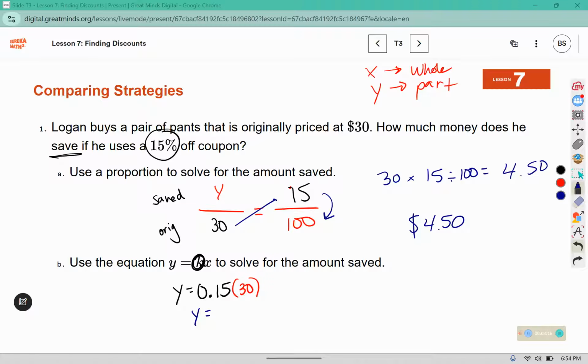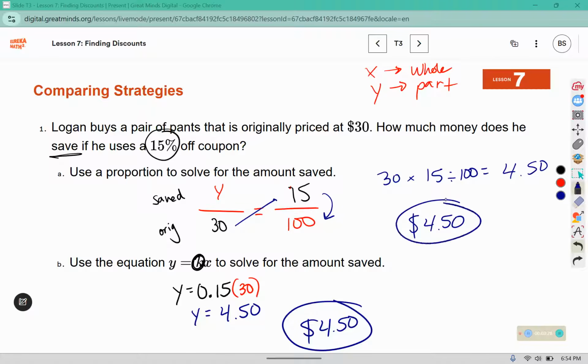So Y is 0.15 times 30, which also comes out to 4.5. If it asked us about how much he spends, we would need to subtract that $4.50 from the original price.